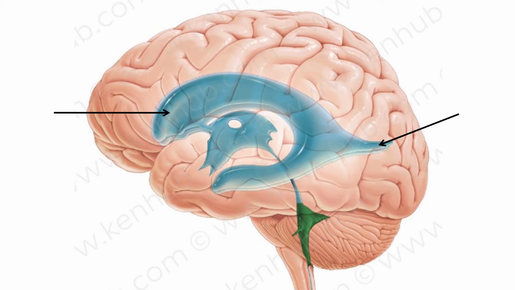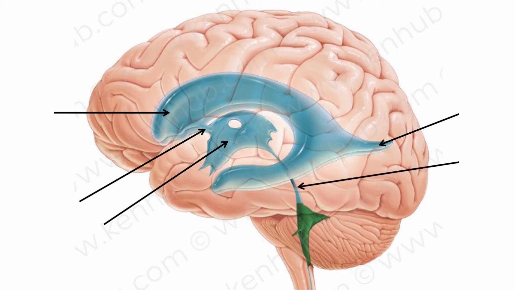CSF in abbreviation. Then there is a little duct that connects the two lateral ventricles with a ventricle called the third ventricle between the two thalami, one on the right, one on the left, and this is the third ventricle. And then there is this duct, which is called the cerebral aqueduct, that connects the third ventricle with the fourth ventricle.